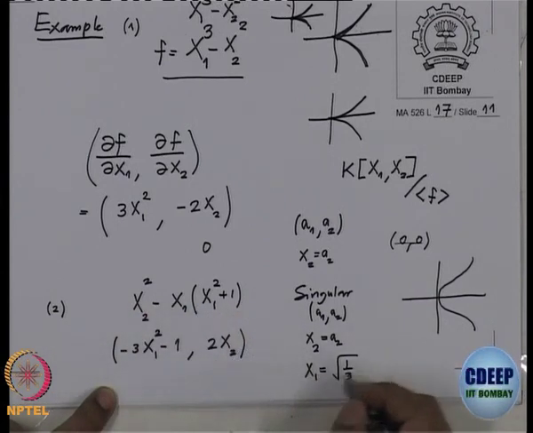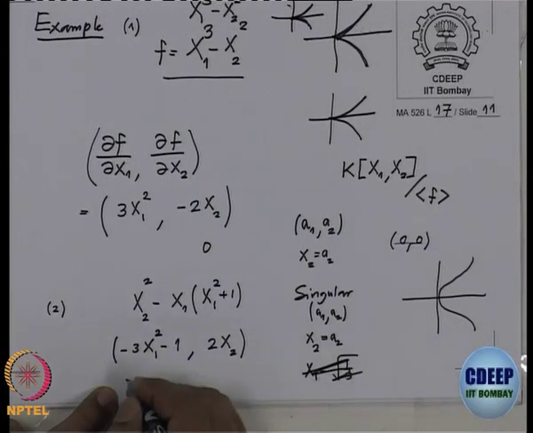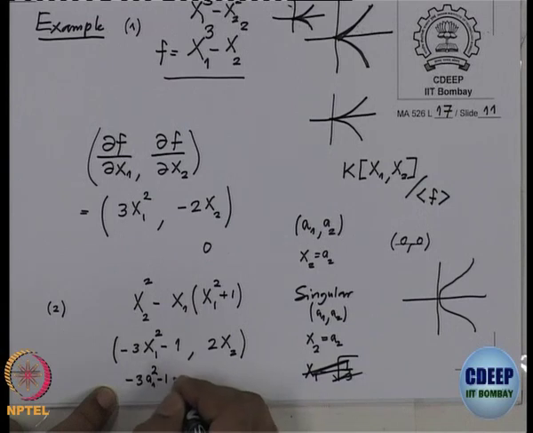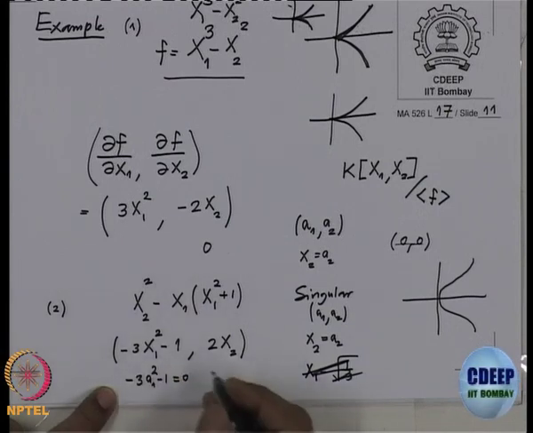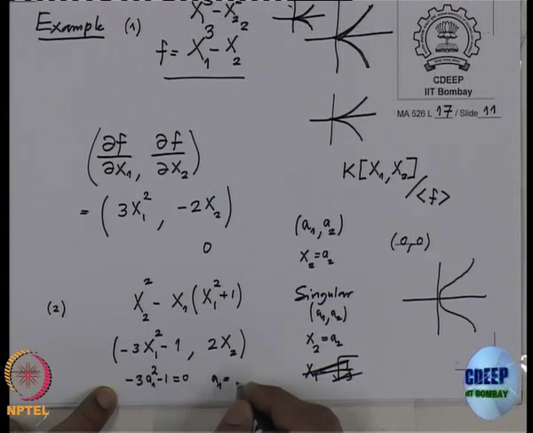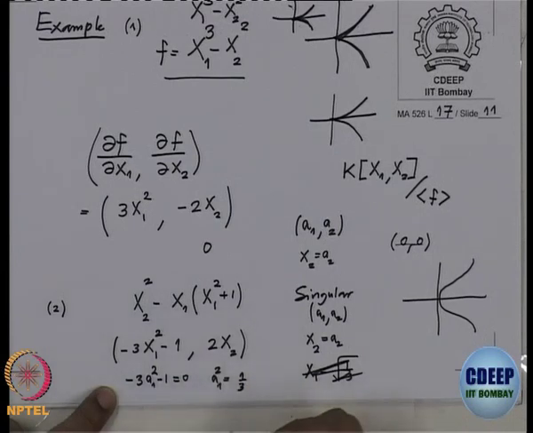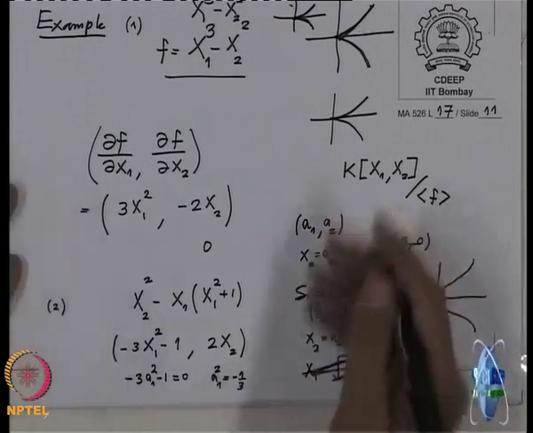So, I need 3a1 square minus 1 equal to 0, right. This means a1 square equal to 1 by 3, right, is it not? So, it depends on the field.